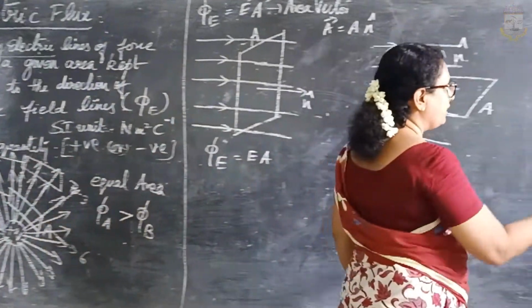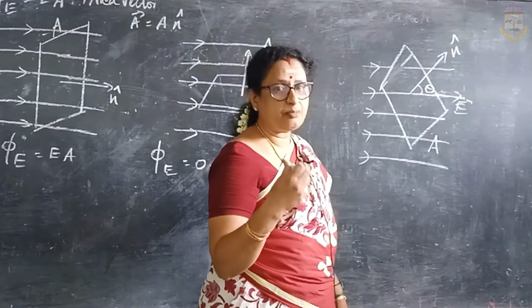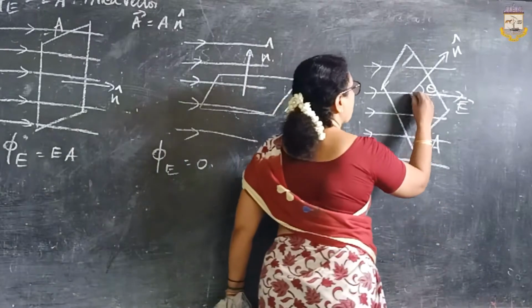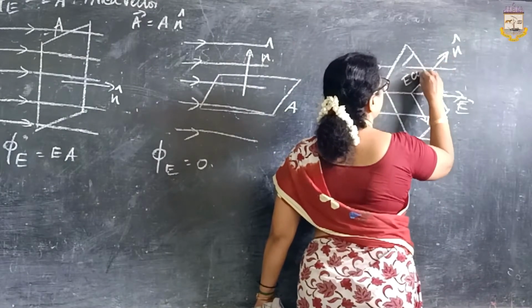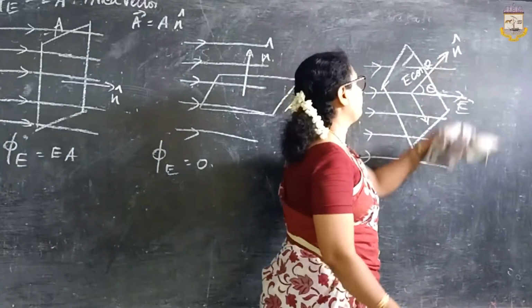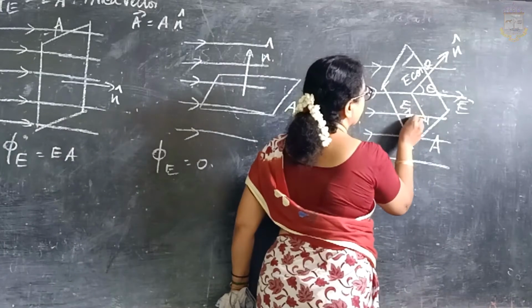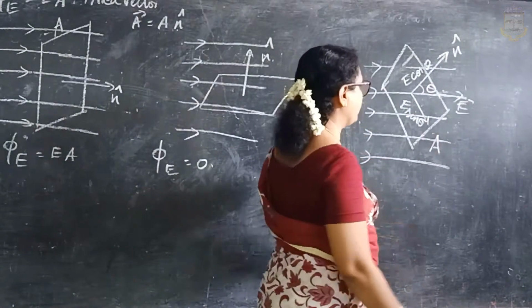So the electric field vector must be resolved into two components. One is E cos theta, along the direction of the area vector, another is E sin theta, parallel to the area.